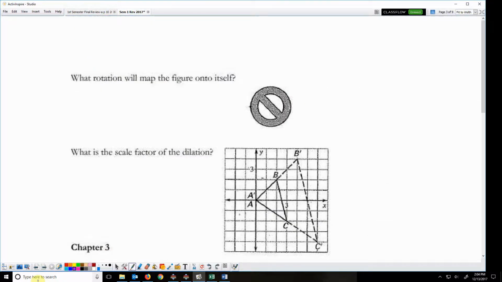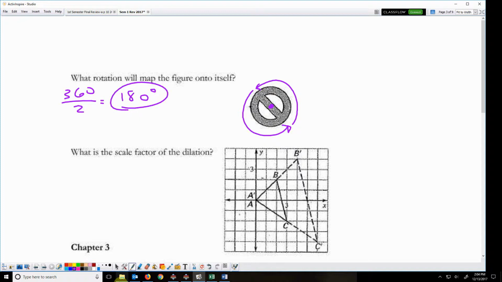All right, continuing with chapter 9, what rotation will map this onto itself? So how many degrees of rotation? I could turn it here and here, where it's going to go back onto itself. That's 2 turns to make it go all the way around. 360 divided by 2 is 180 degrees, so it's a 180 degree rotation that will map it onto itself.